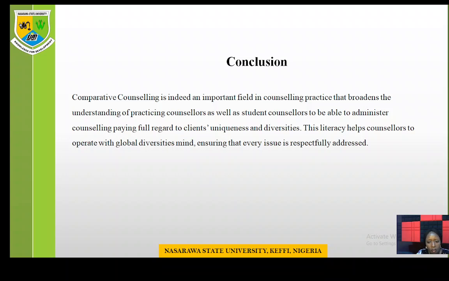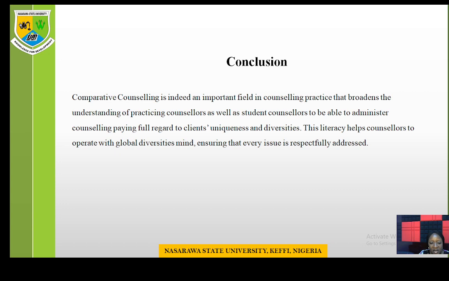All right, so we have talked about comparative counseling, just some parts that I think are important for us to mention. I have said earlier that you can't talk about comparative counseling without mentioning the issue of diversities. So bear in mind, diversity is very important. Difference is very important. The bottom line is for our trainee counselors to be able to work with people from everywhere without having problems.